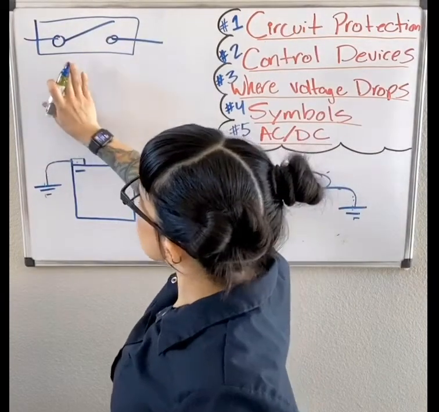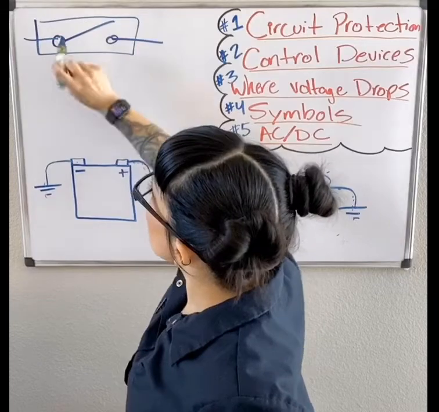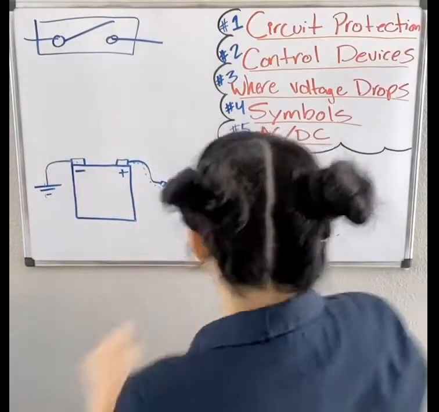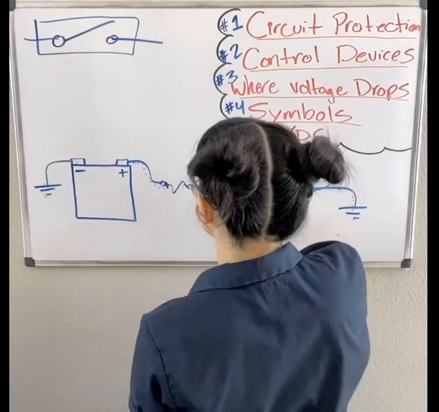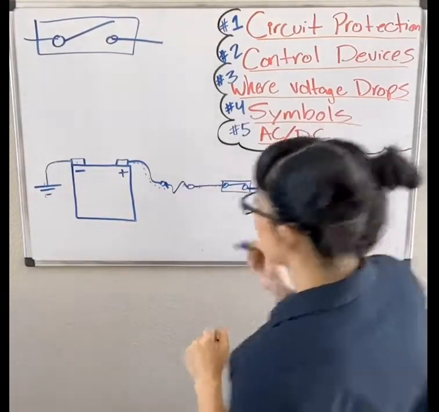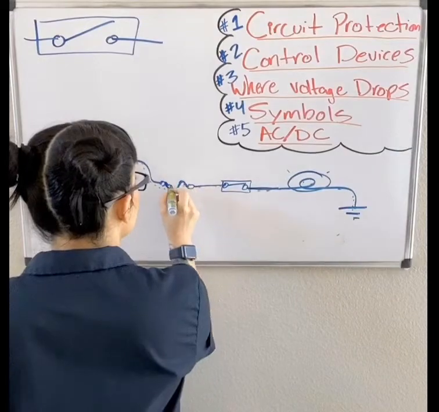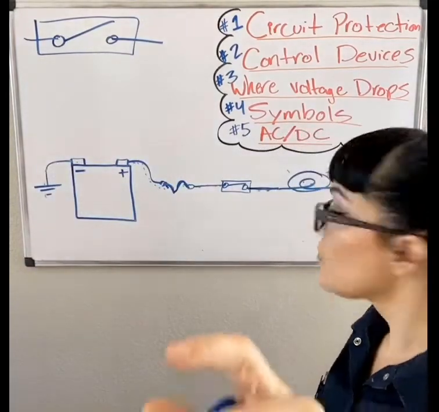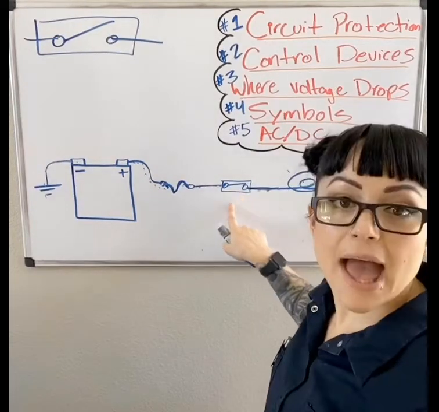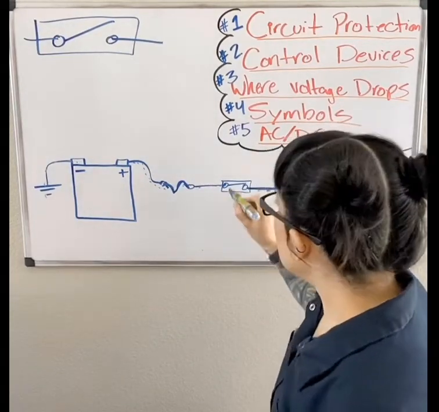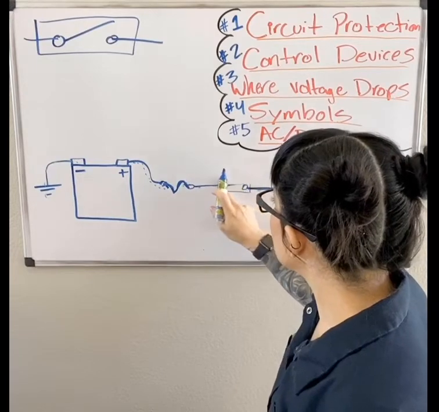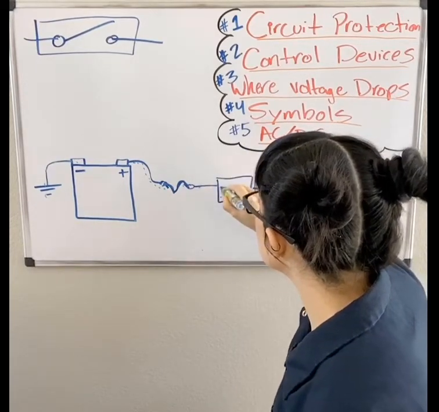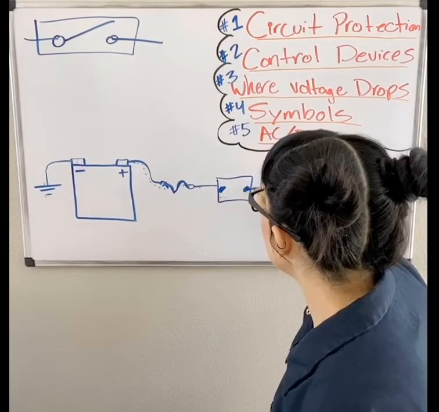What this tells me is when I want to close the circuit to provide continuity... sorry, we'll redraw our fuse there. That's a horrible fuse. Let me try that one more time. It's not much better, but it works. If I open my switch, and I'm going to draw this a little bit larger so y'all can see, we've got in, out.